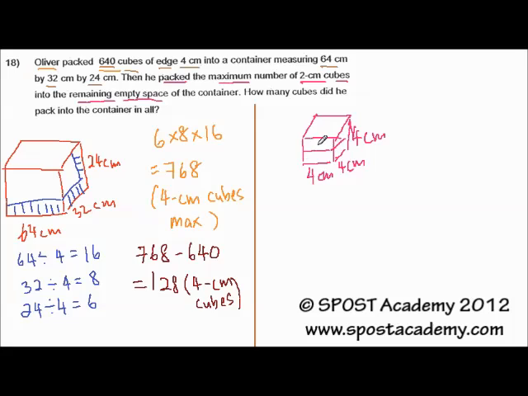I can cut it into half. So in total, 4 divided by 2, I'll get 2. So a 4 cm cube can fit a total of 2 times 2 times 2, which is 8 2 cm cubes.